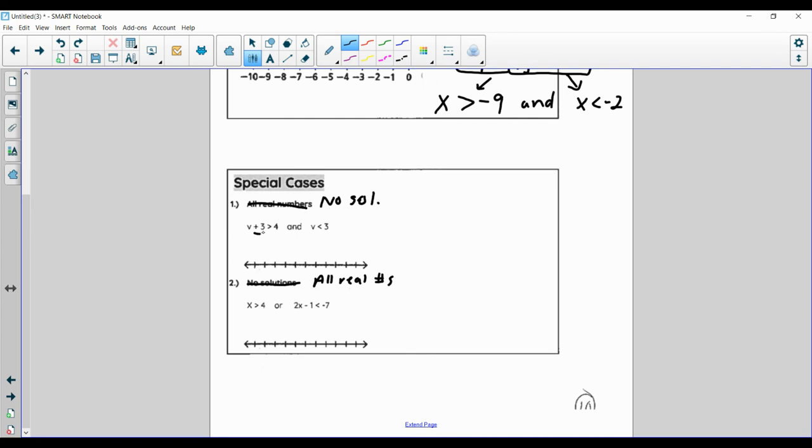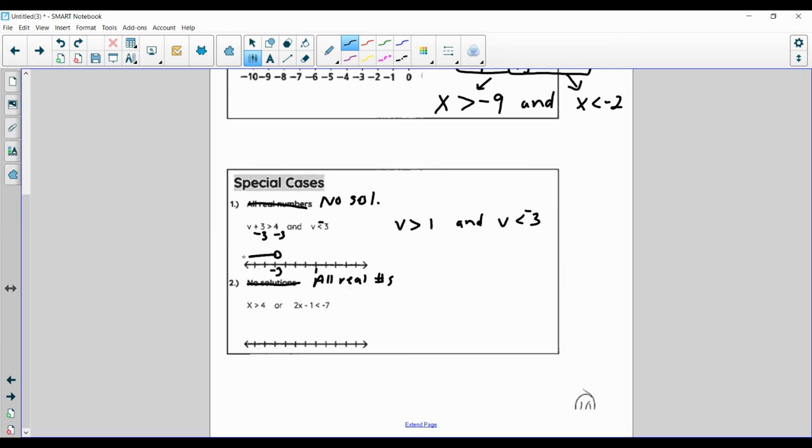So if I solve this one, I get that v has to be greater than 1 and also be less than negative 3.